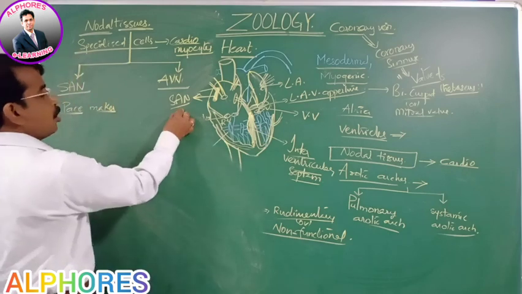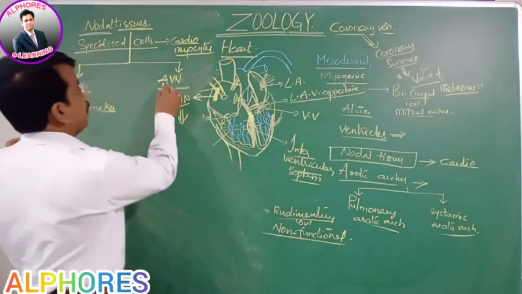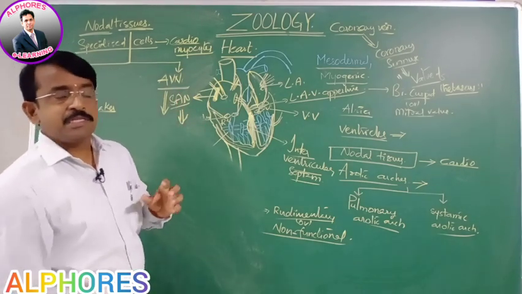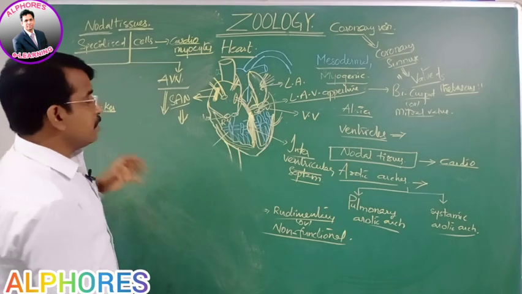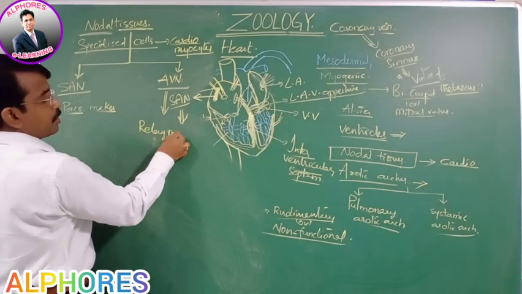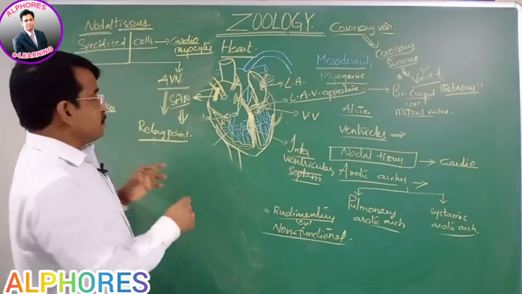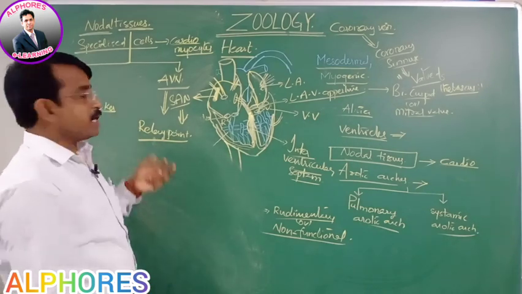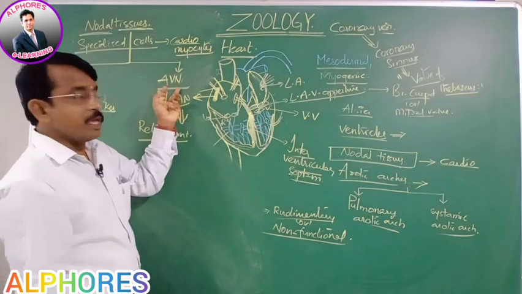Next, one more nodal tissue is named the AVN, atrioventricular node. This is named the relay point. What do you mean by that? It receives the signals, the wave of contraction, from SAN and sends it on.